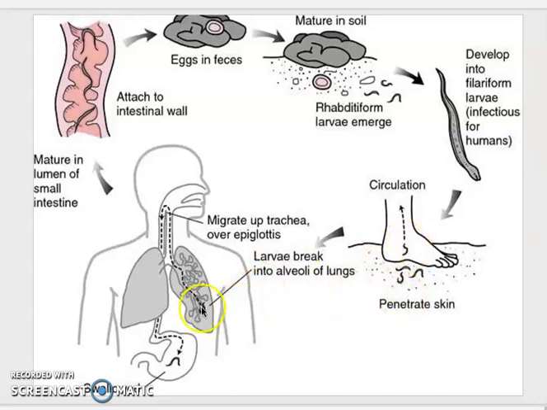Then through the circulatory system it reaches the lungs. Finally it ends up in the small intestine, where they get attached to the intestinal wall.